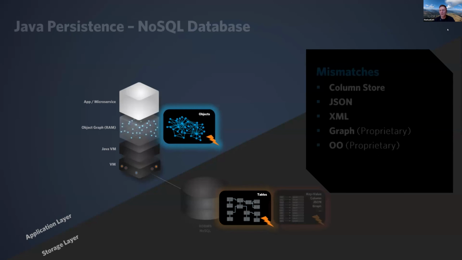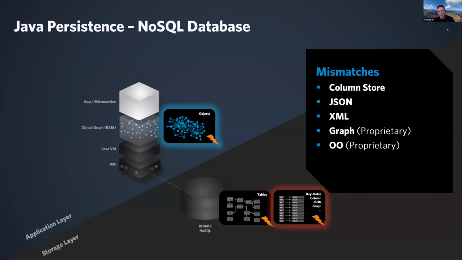And it's actually the same with the NoSQL databases. Now the NoSQL databases focus on different data structures. They introduce new data structures like column stores or JSON, XML. We have graph databases, object-oriented databases. And by the way, these object-oriented databases are also incompatible with the Java object model.